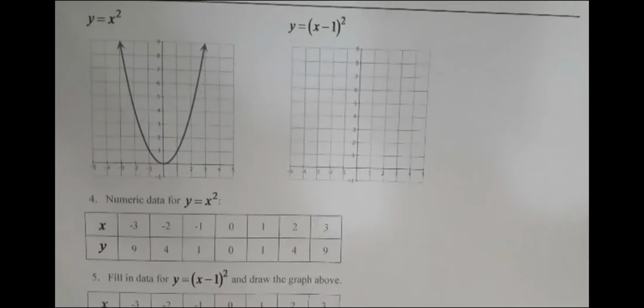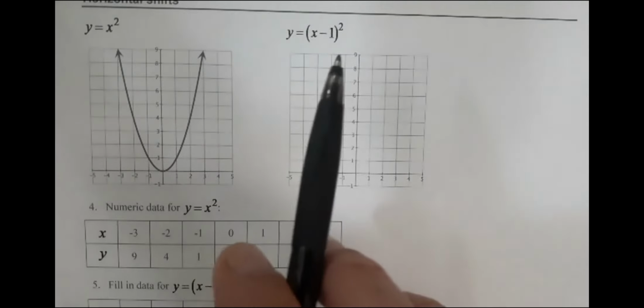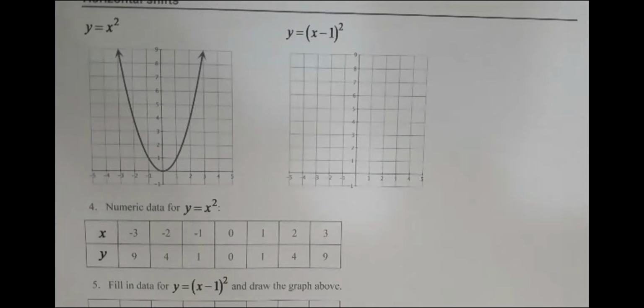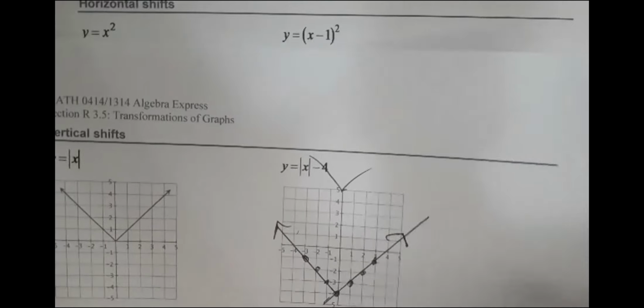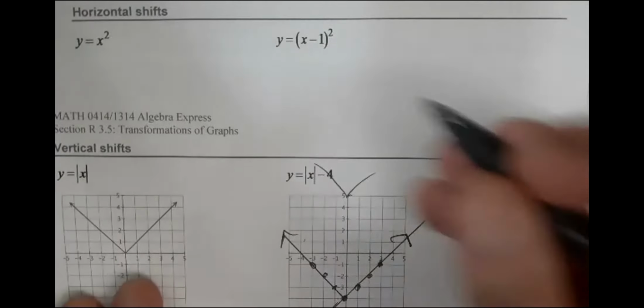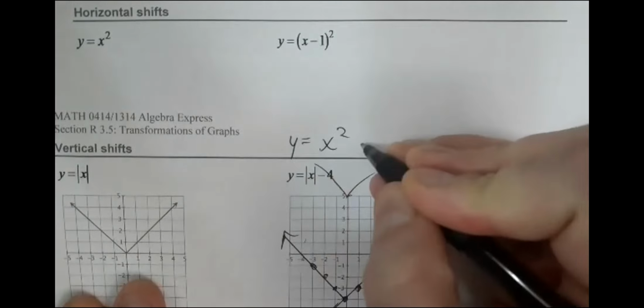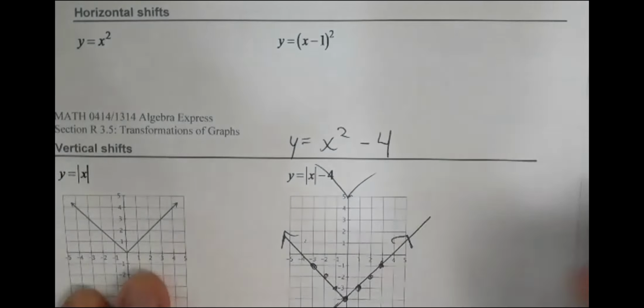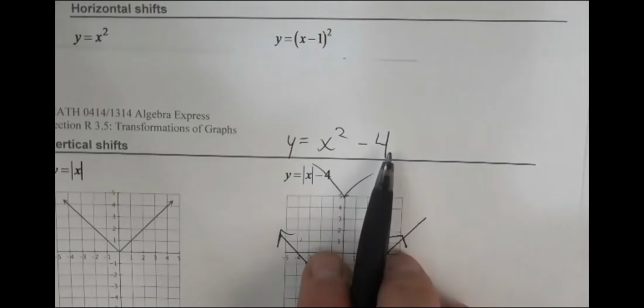So instead of up and down, now we're going left and right, and this says we're taking x minus 1 and squaring it. And I want to make a distinction from what's happening here. If we were going to move the x squared down 4, we would do x squared and then minus 4. So that would be moving the x squared down 4.